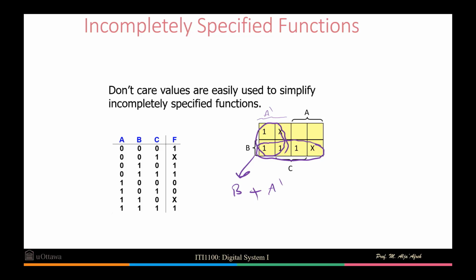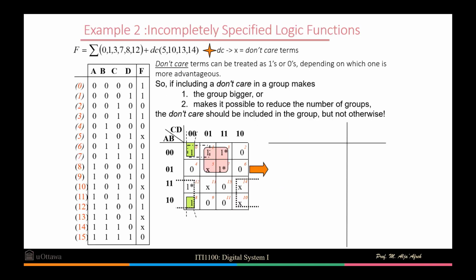But not every time should I include the don't care in my grouping. I should include the don't care in a grouping as long as the groups become bigger, or to make it possible to reduce the number of groups, okay, guys?